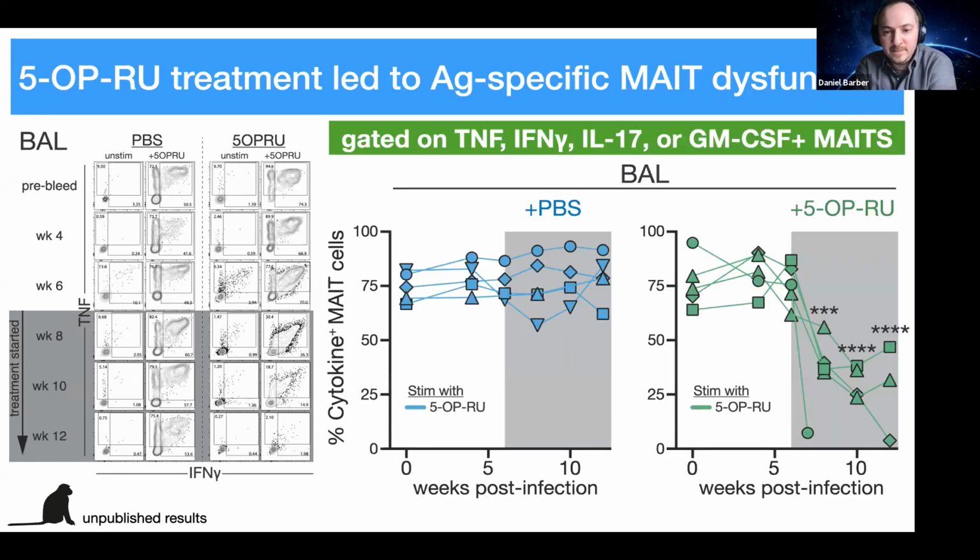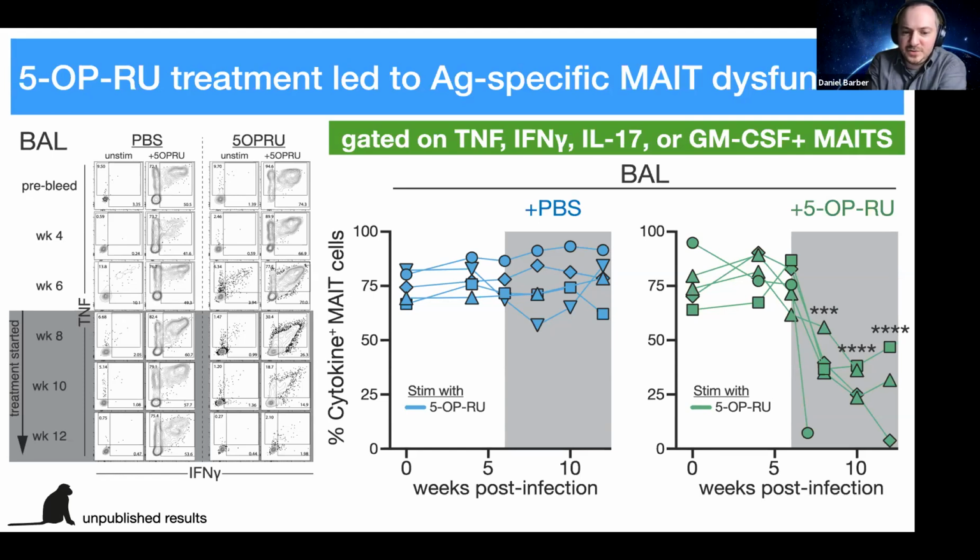And so this is the summary data here. After we treated these animals with 5-OPRU, the MAITs very rapidly lost their ability to produce cytokines. This is a catch-all gate for cells making any of those 4 cytokines. So rather than expanding the MAITs after 5-OPRU injection, we screwed them up.